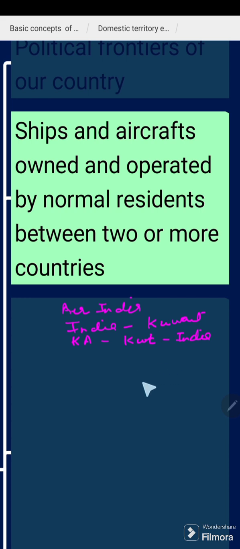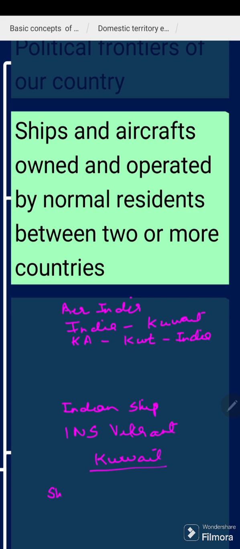You can take the example of ships also. If an Indian ship, for example INS Vikrant, comes and docks in the harbors of Kuwait, it will be considered the domestic territory of India.